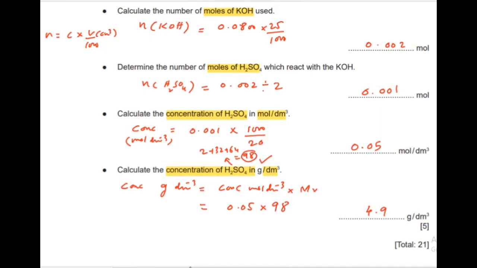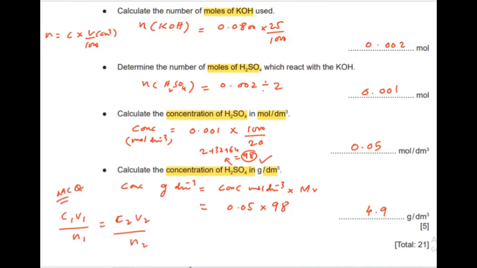But if you are using the same data to calculate the concentration, first of all, you can calculate the concentration in moles per dm cubed. You can use this formula: C1V1 over n1 is equal to C2V2 over n2. This is especially for MCQs.